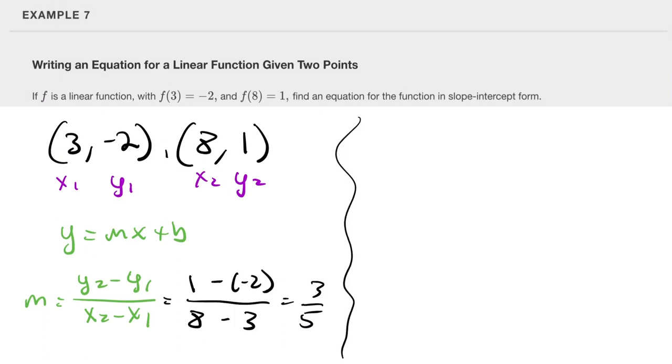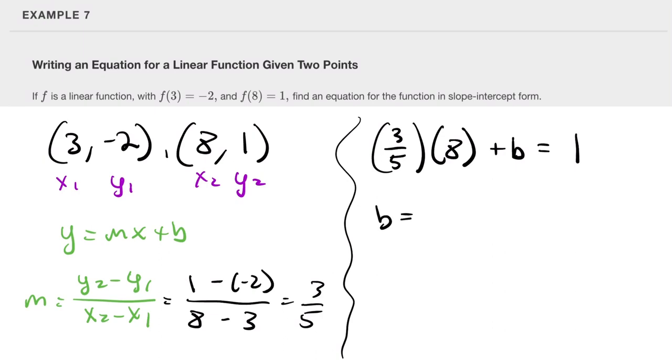So I'm just going to plug in the second point because it doesn't have the negatives, right? So we just found the slope was this. If I'm using the second point, my x is 8. We don't know the y-intercept, so I'm going to leave it. And the corresponding y is 1. Okay. So then ultimately we get b equals 1 minus 24 over 5, right?